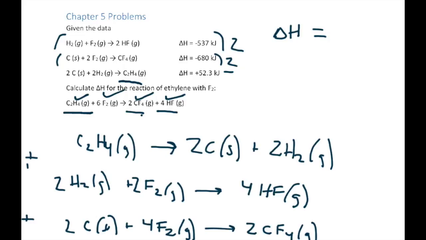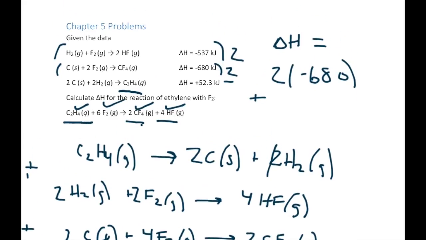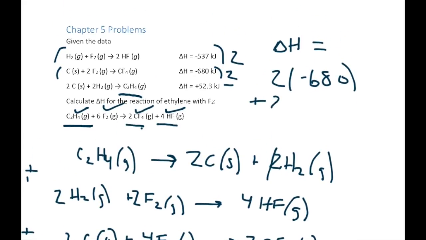So that means that we're going to take 2 times negative 680 plus, again we took 2 times this second component reaction with the carbon and the F2. We multiplied that by 2. So again, we're going to multiply that delta H value by 2.